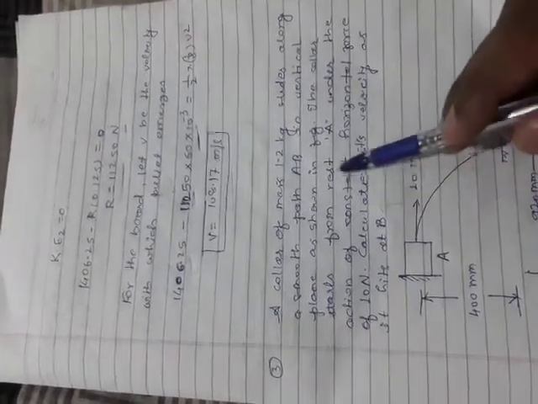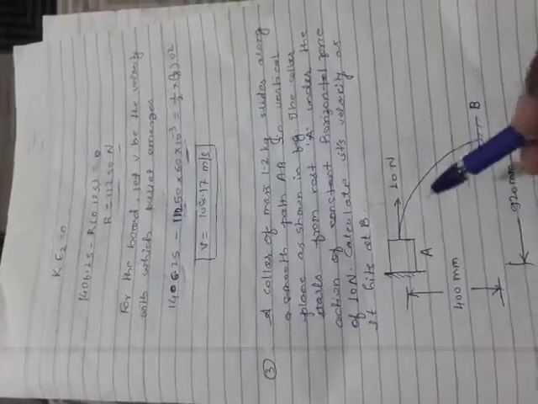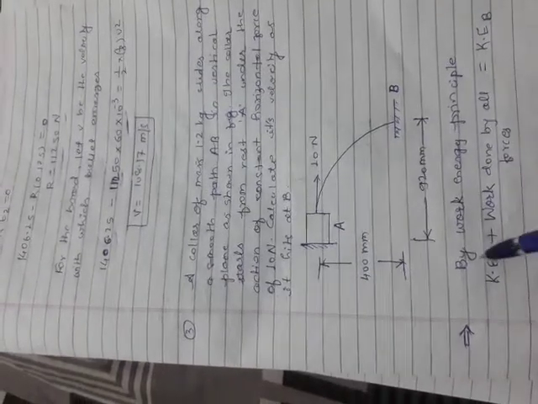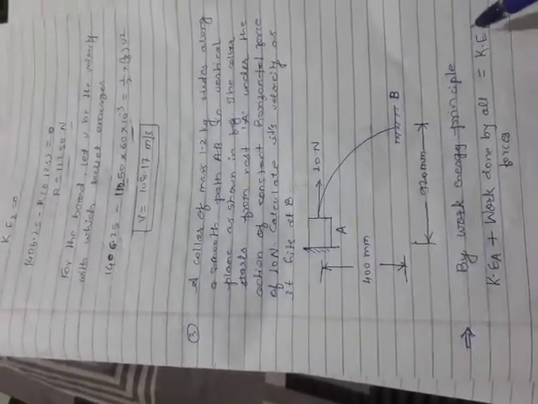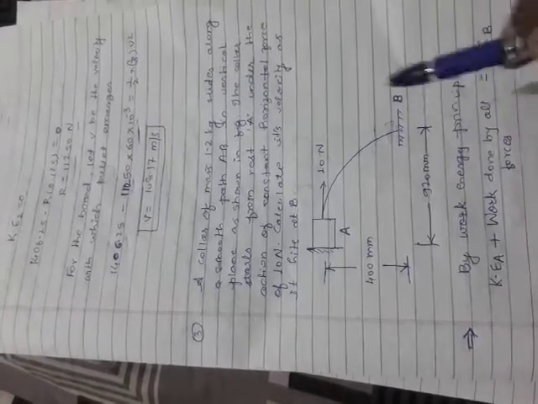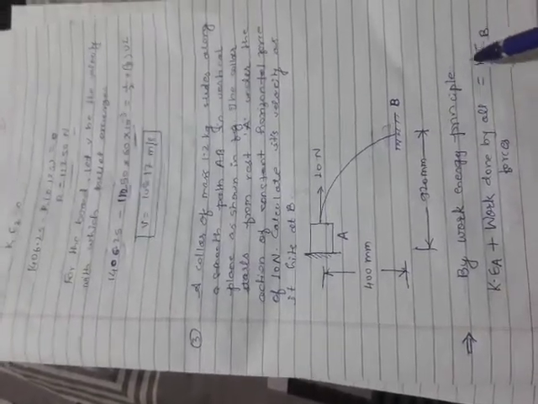Initially it starts from rest, so velocity v1 is 0, so kinetic energy 1 will become 0. So again I am going to apply the work energy principle to this numerical. So KE at A will be 0, KE at B will be there because it hits the target with some velocity. There will be a final velocity that I have to calculate, and the work done by all forces.